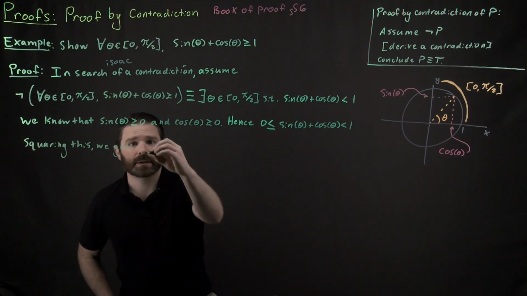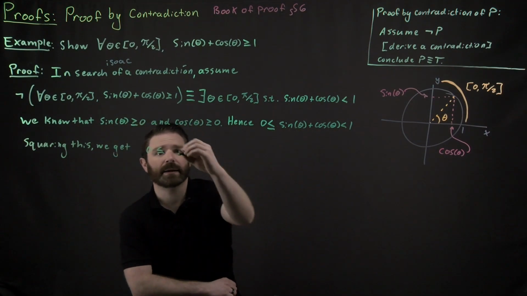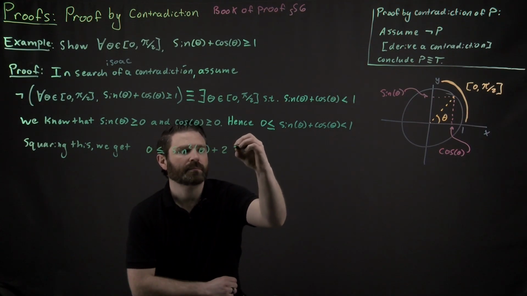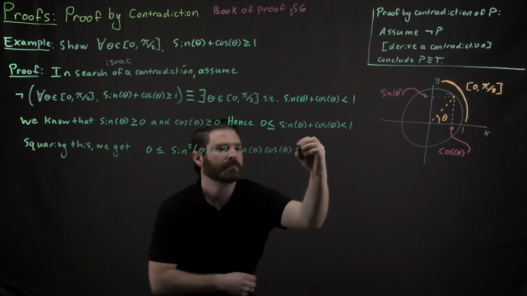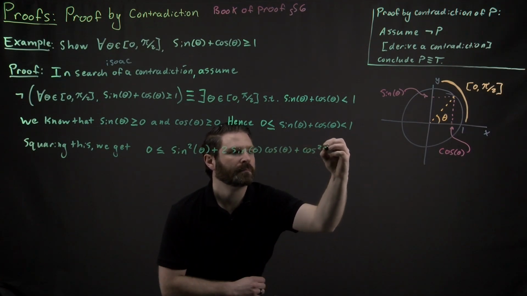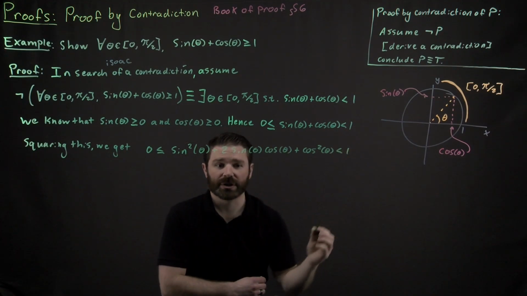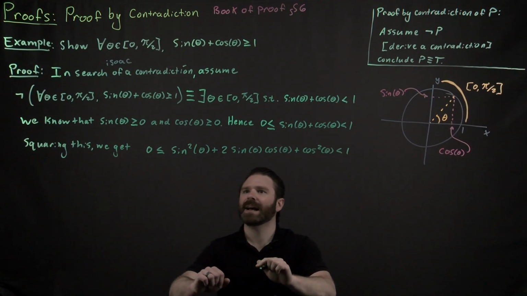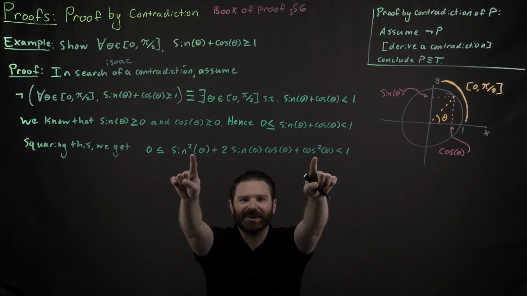Zero squared is still 0, less than or equal to, and then squaring the inside here. And then 1 squared is just 1. And now, oh, I see something interesting. Sine squared plus cosine squared.